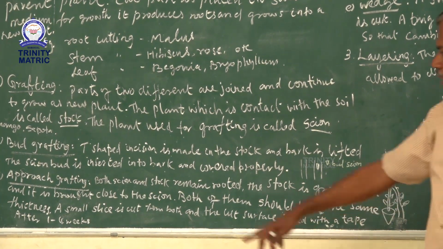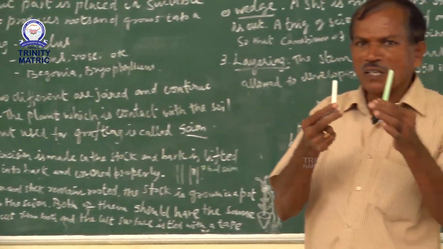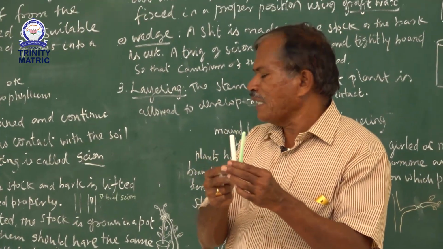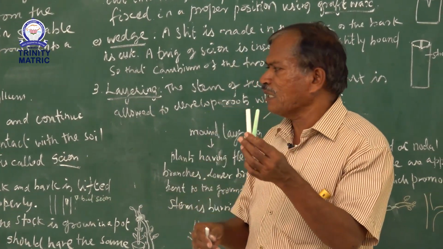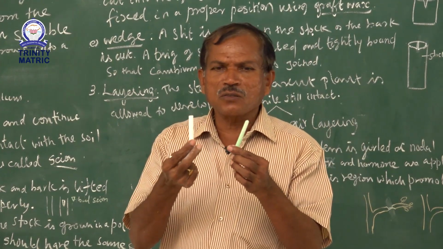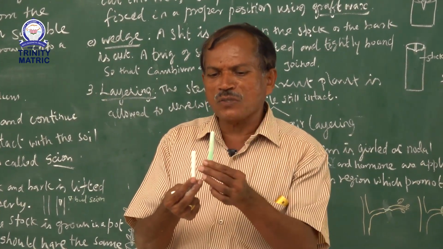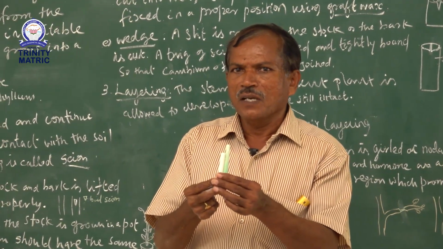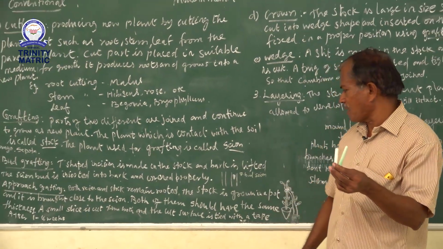And the next one is approach grafting. Here both stock and scion remain rooted. In grafting, the plant that is rooted is called the stock, and the plant used for grafting is called the scion. But here both plants are rooted in approach grafting.